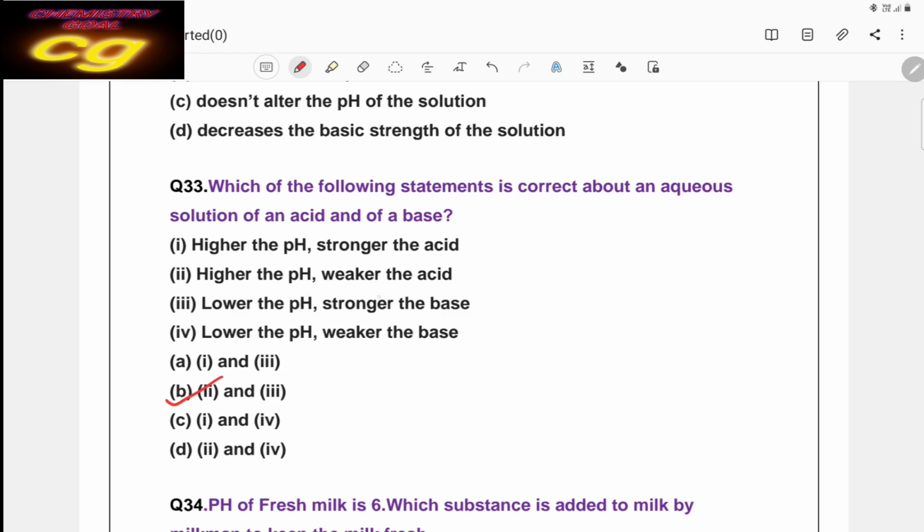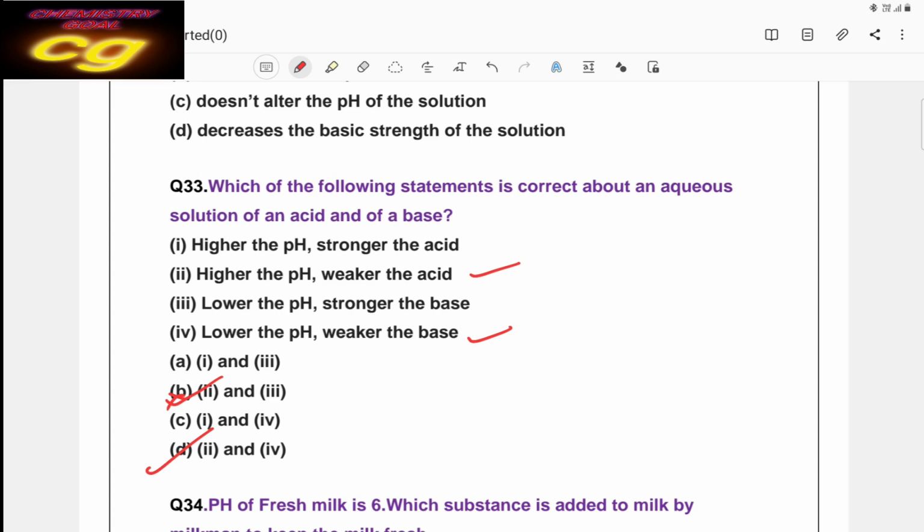Higher the pH, weaker the acid. This is correct. Then lower the pH, weaker the base. So the fourth one is not the correct answer. So the answer is D. That is, higher the pH, weaker the acid. This is your correct answer.